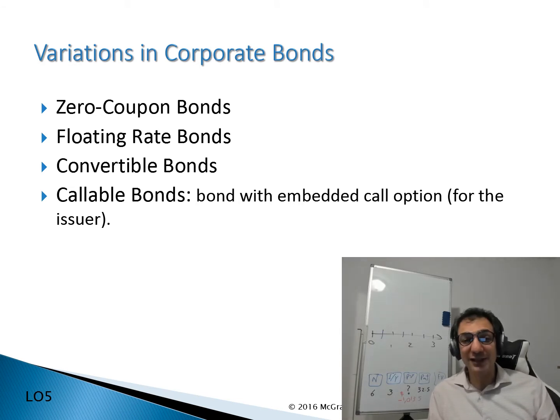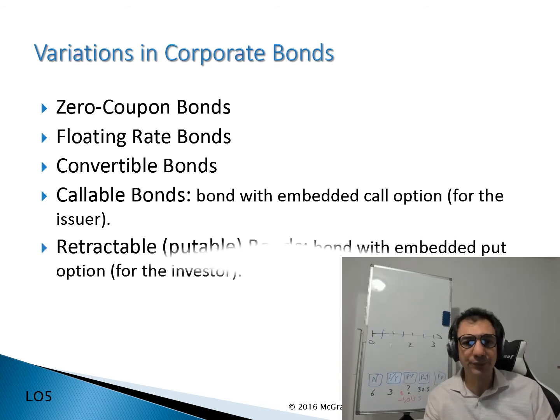But the issuer doesn't like it because they want to cut their rate. So what they do instead, they call their bond, they buy back their bonds, and they pay you the call price, which is a little bit greater than the face value. I will talk about this later, and I will show you how to find the YTC or yield to call, or the return of these bonds.